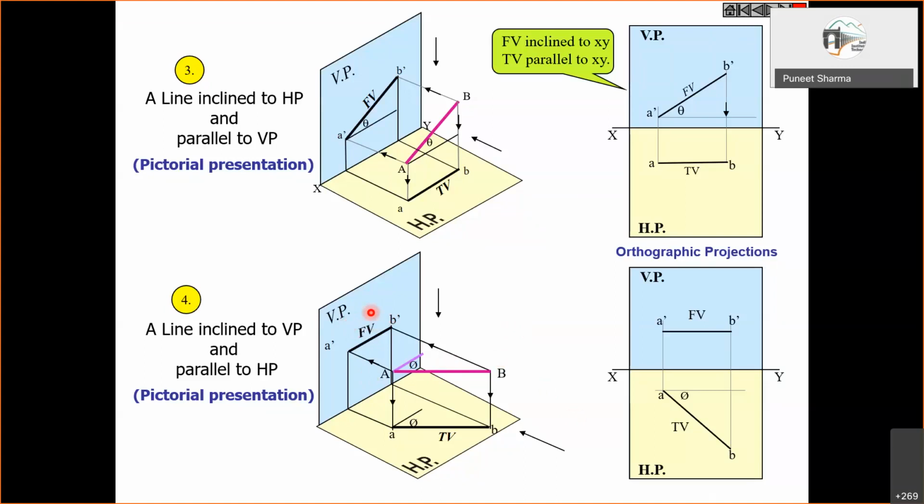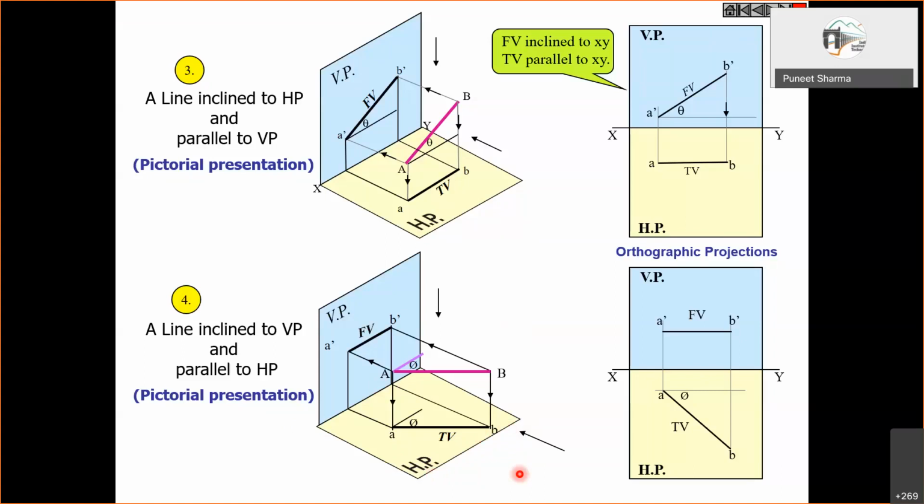While distance of this small b from the xy line will continue to remain same. So small b will move along a line parallel to the xy line, but of course this movement is in the horizontal plane.